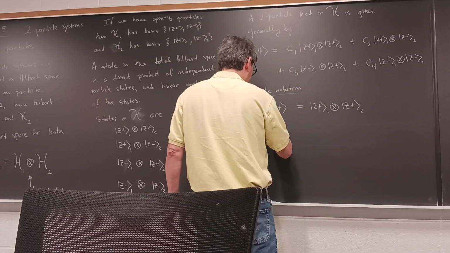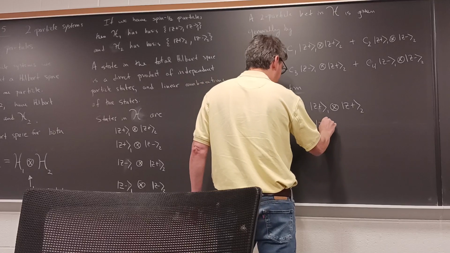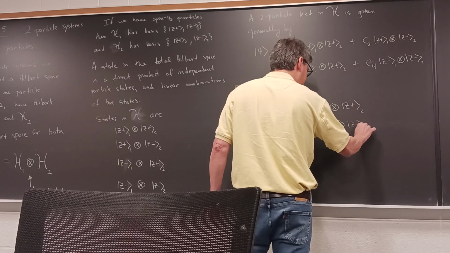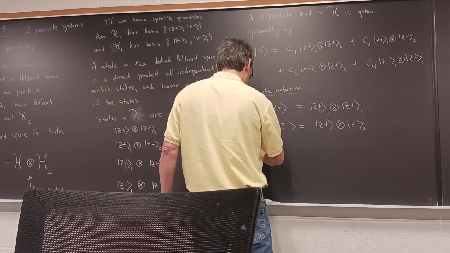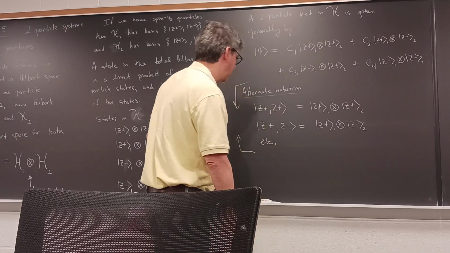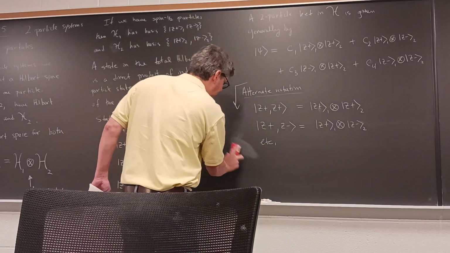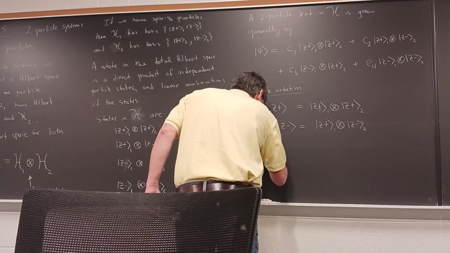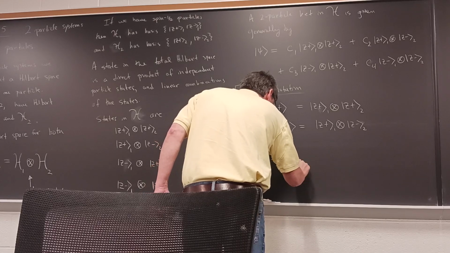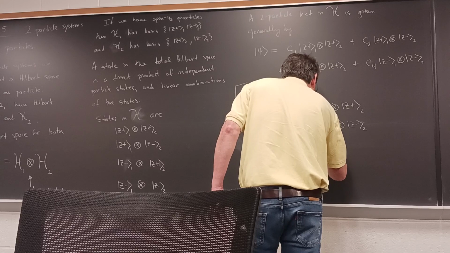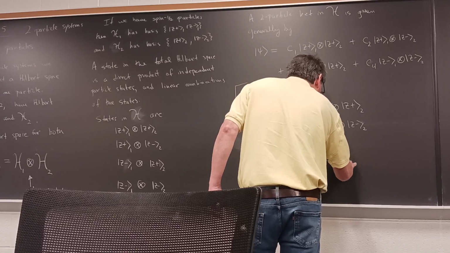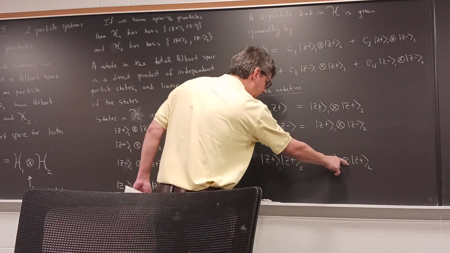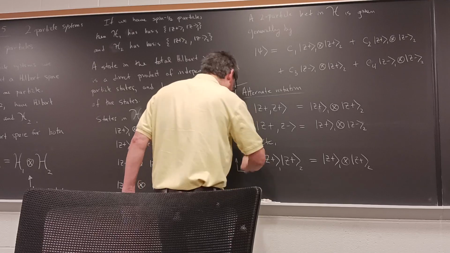So Z plus Z minus could be this, for example. Okay, and you can also see things that are written like this, where you just drop the direct product sign.